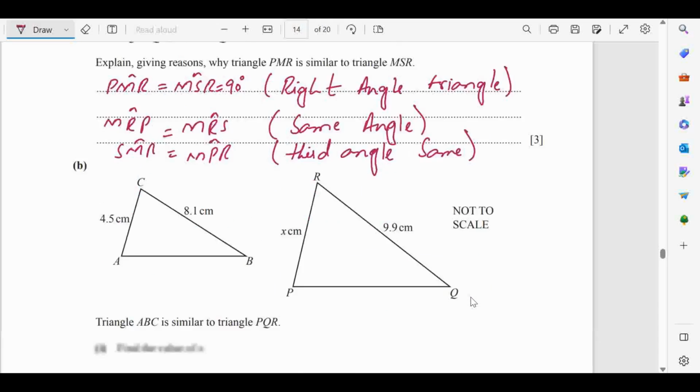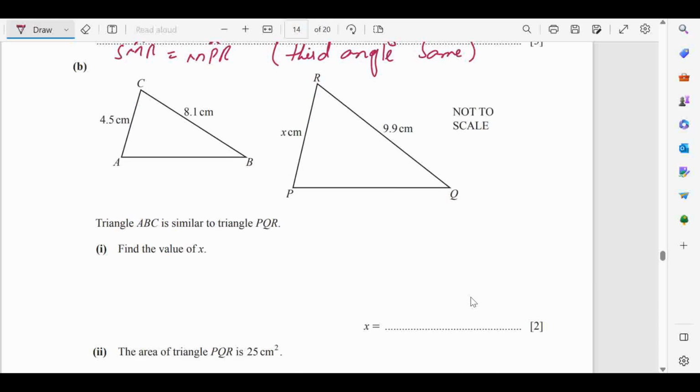Let's move to part B. Now here, triangle ABC is similar to triangle PQR. Find the value of x. So we can see that AC is similar to PR, so AC means 4.5 divided by x will be equal to this side.